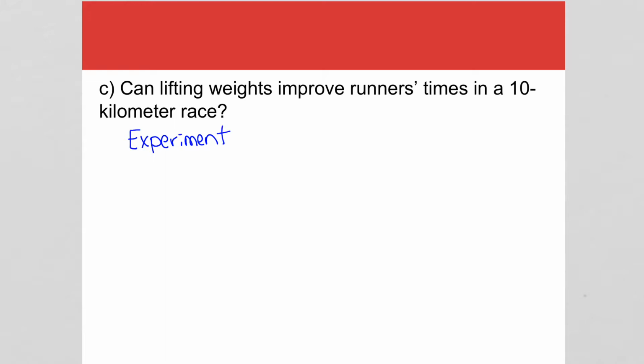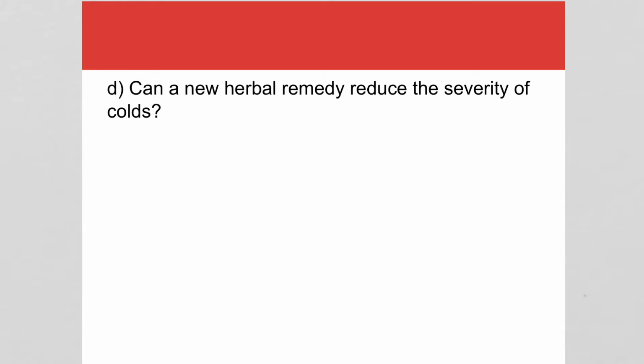It's just an experiment. Can a new herbal remedy reduce the severity of colds? Again, we can do an experiment with this one because you can give a placebo to part of the people and the real remedy to the other. And the most effective method for this experiment would be to make it double blind.